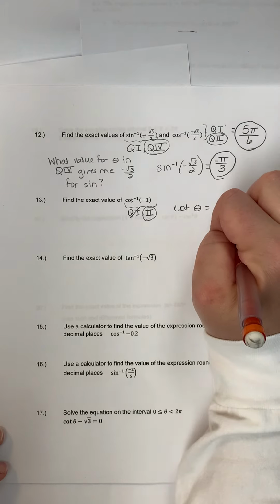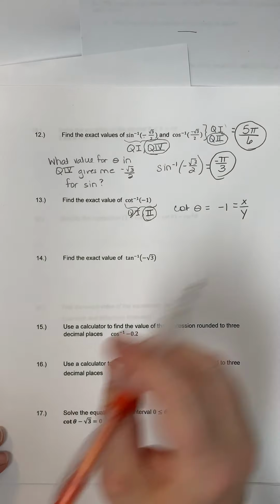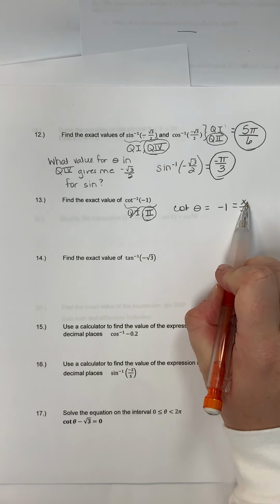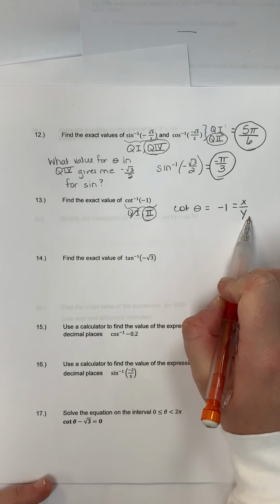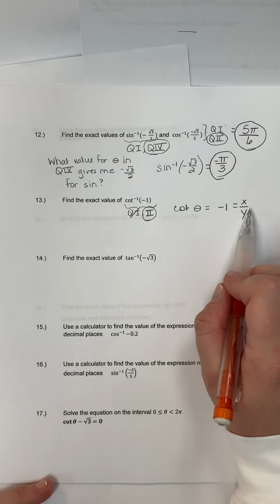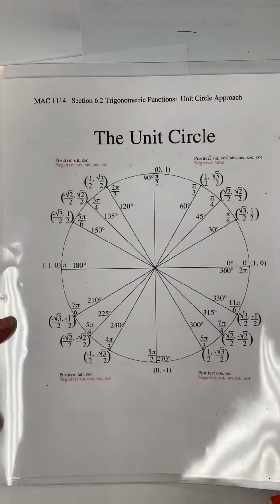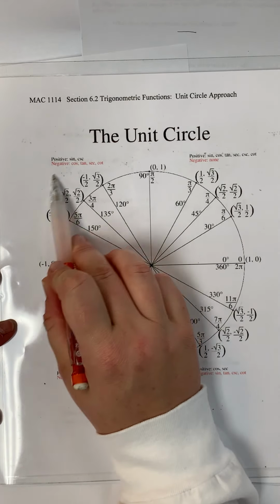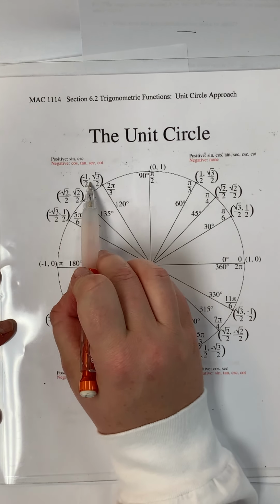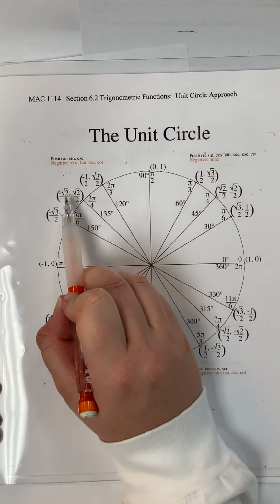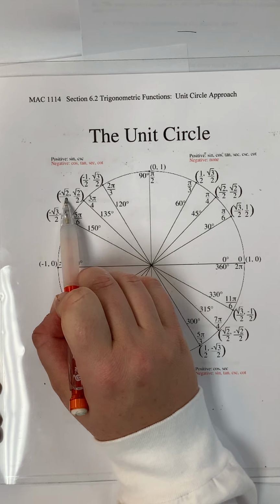So cotangent is x over y. This means I need the same value for x and the same value for y, except one's positive, one's negative. That's going to reduce down to negative 1. So over here in quadrant 2, I need the same value for x and y that's going to reduce down, one negative, one positive.